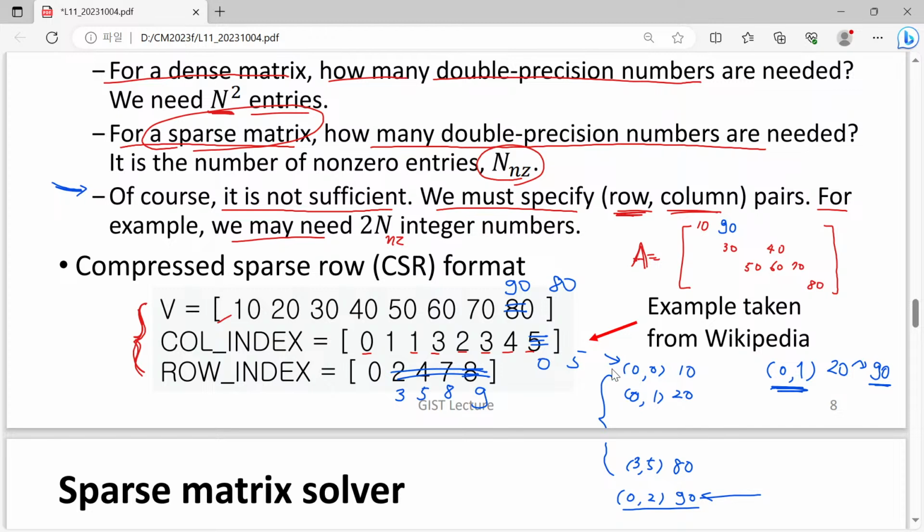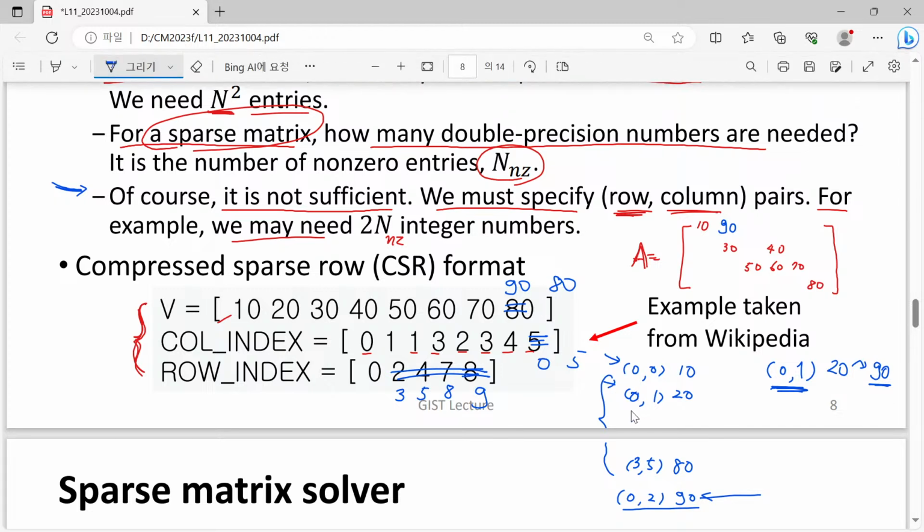Is this 0,1? No. Then let's go to the next one. Is this 0,1? Yes. If we find it, then let's just change it to 90. And if we don't find it, then eventually we can append another one to there to modify the matrix A.